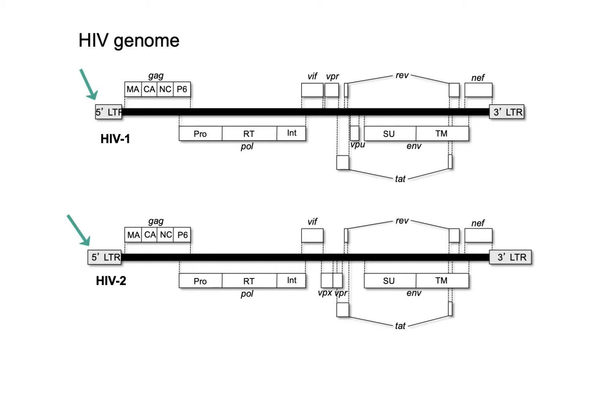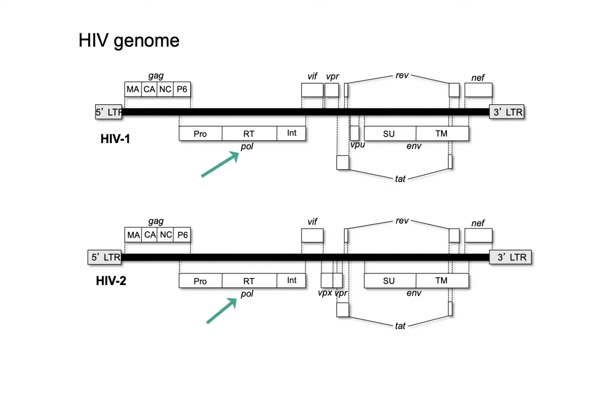The first thing to notice is they have 5' and 3' long terminal repeats, LTRs, and so this is like LTR retrotransposons. The GAG gene encodes for the matrix protein, the capsid protein, the nucleocapsid protein, and one other protein, P6.